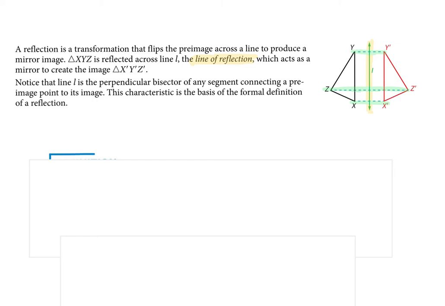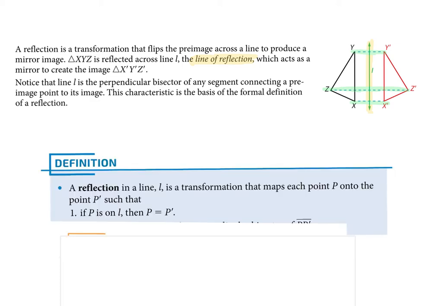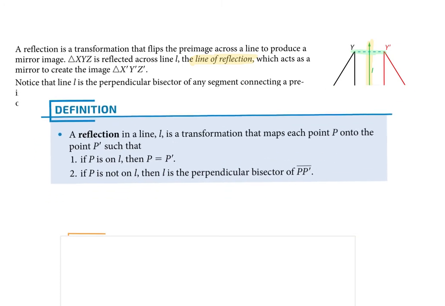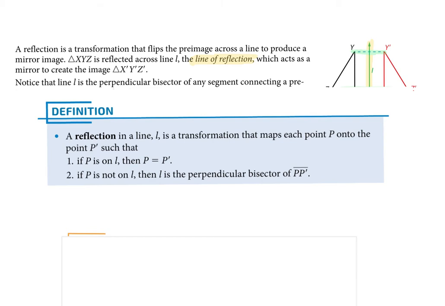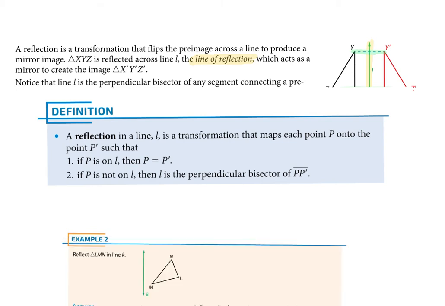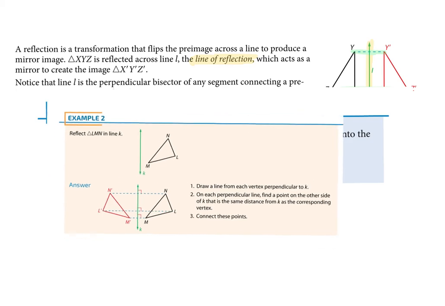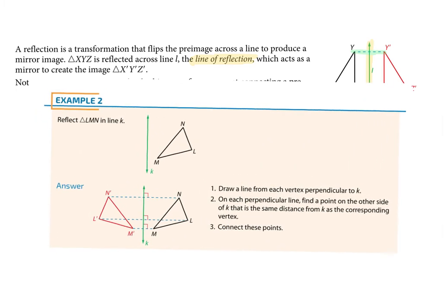All right, so bisector to the pre-image, bisector to the image would be the same distance. All right, it is a perpendicular bisector between those points. And so we're not going to do the construction, but you can actually construct it by using your method of constructing a perpendicular bisector, which is what they show you right here.